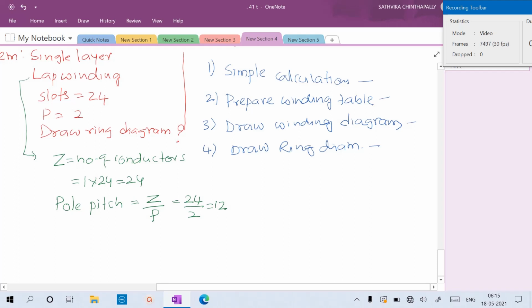Suppose for example this is the north pole and this is the south pole. These are the 12 conductors under each pole.